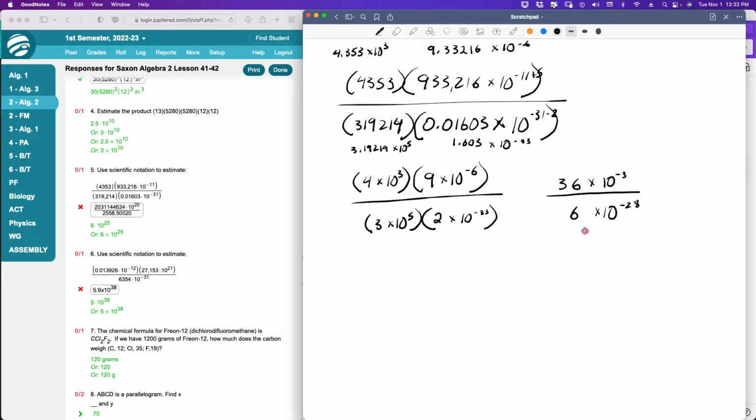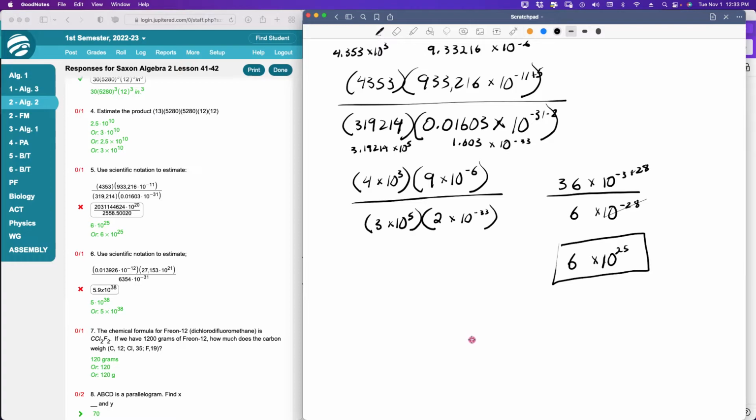Okay, so now we divide. 36 divided by 6 is 6 times 10. And when we move this to the top, this becomes a plus 28. So this is going to be a positive 25. 6 times 10 to the positive 25, which is what we have here.